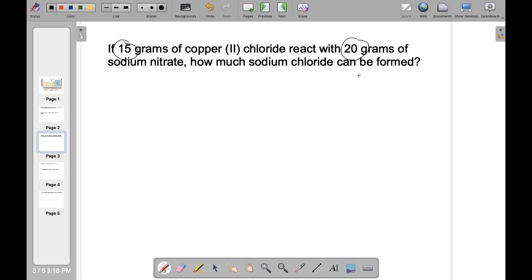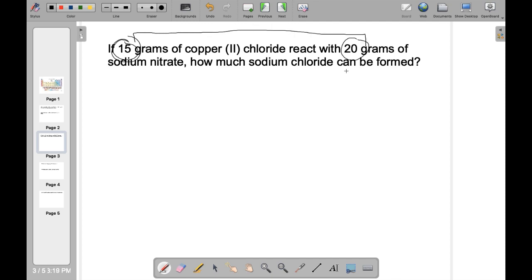Okay, this is definitely a limiting reactant problem. In most of those mass-to-mass problems that we did, they only gave us one of these numbers, and then they said we had an excess of the other reactant. What that means is we really don't know in what ratio these things are going to react.